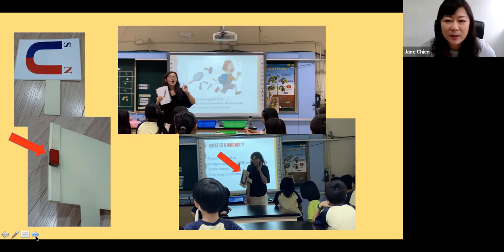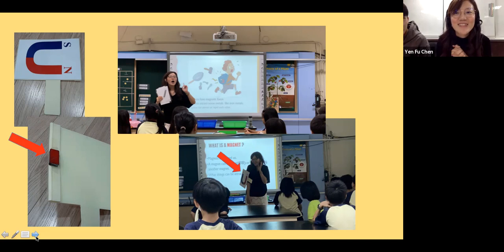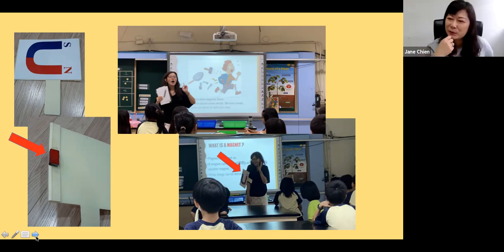I can still remember when you asked students to identify magnetic objects, they were going around the classroom pointing to places where they thought would be attracted to the magnet. And I think kids were having fun. And I vividly remember someone pointing to a teapot. Yes, teapot. And then you tried it out on the teapot. Did it stick?